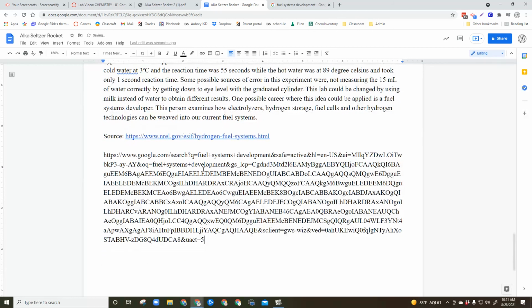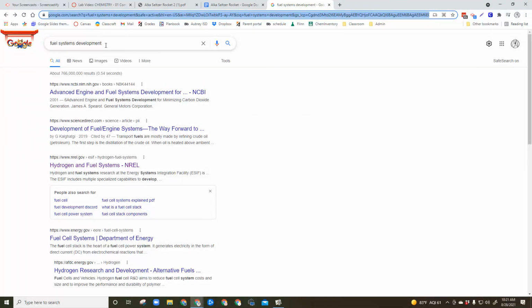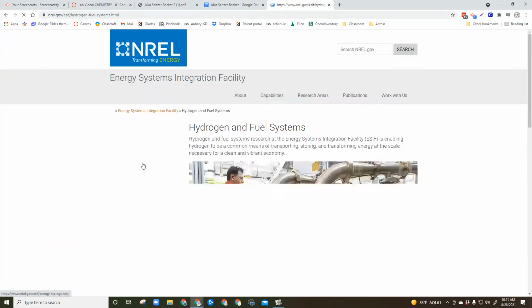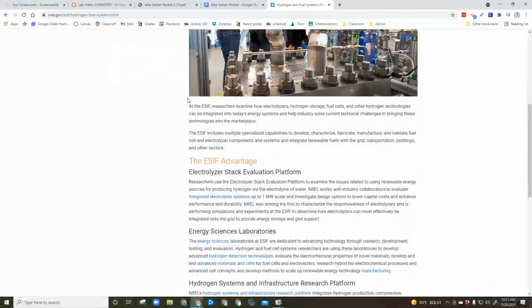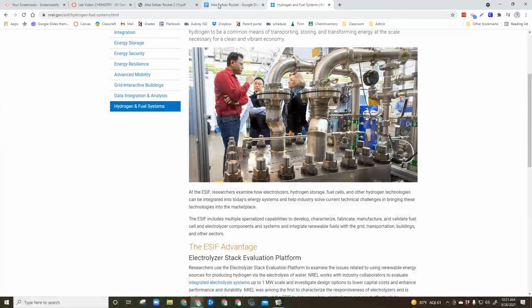See all of this gobbledygook? A lot of times you'll see a bunch of percent signs, percent this, percent that. No. That's you copying what you Googled right here. That's not you actually going to this website and reading what it says about it and copying this URL.